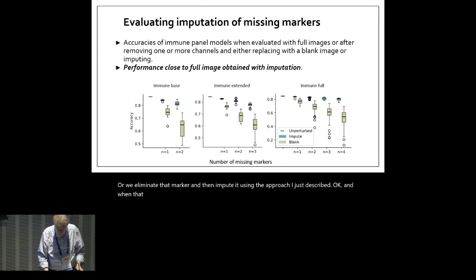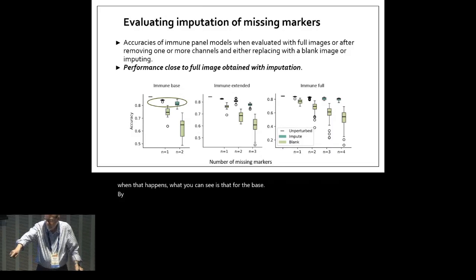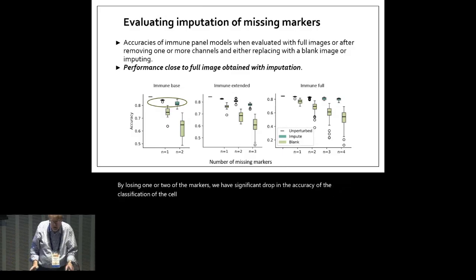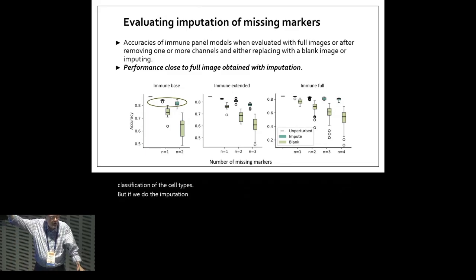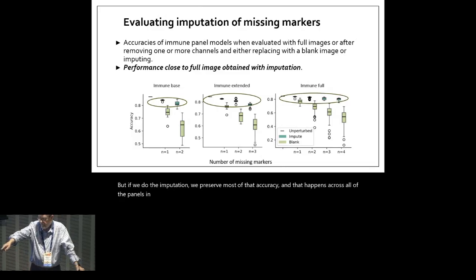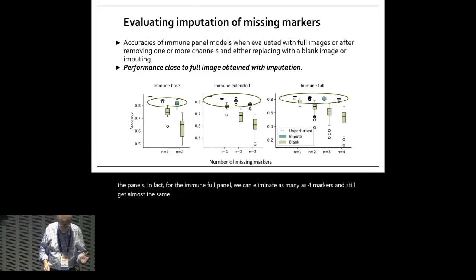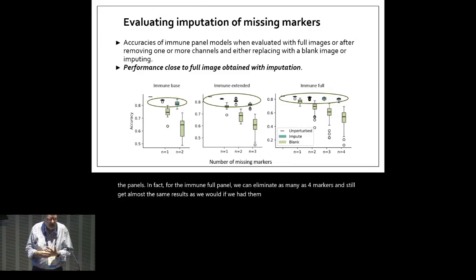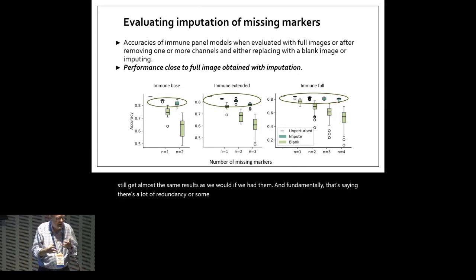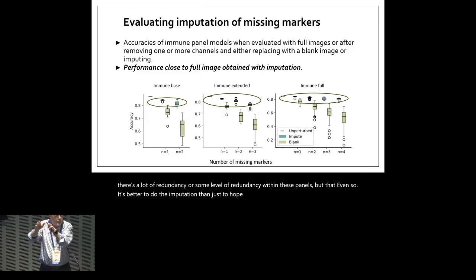And when that happens, what you can see is that for the base, by losing 1 or 2 of the markers, we have significant drop in the accuracy of the classification of the cell types. But if we do the imputation, we preserve most of that accuracy. And that happens across all of the panels. In fact, for the immune full panel, we can eliminate as many as 4 markers and still get almost the same results as we would if we had them. And fundamentally, that's saying there's some level of redundancy within these panels, but even so, it's better to do the imputation than just to hope that the model will figure it out on its own.